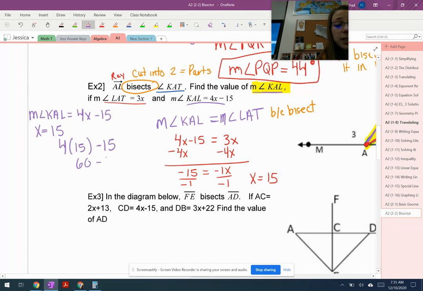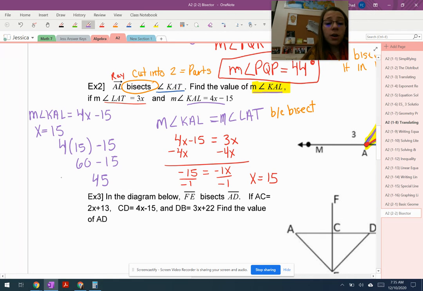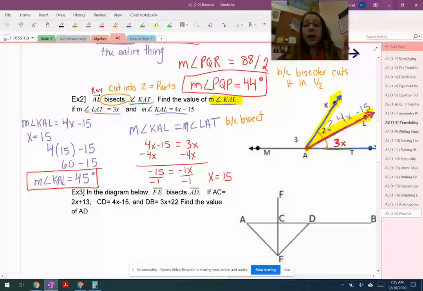And then 60, take away that 15 would be 45. So the measure of angle KAL is equal to 45 degrees. And there we have our final answer. So again, just using the fact that bisect means to cut in half.